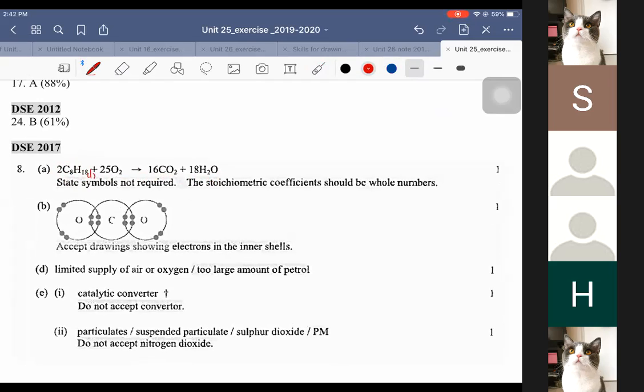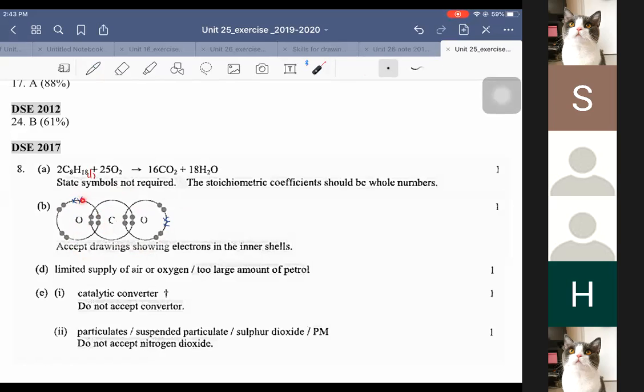And then for part B, quite a lot of students, when they draw this electron diagram, they put 1 more pair of electrons on oxygen. So after you're drawing your electron diagram, you need to always double check how many electrons are on one atom. For example, now the carbon here got 8 electrons. That's perfect.